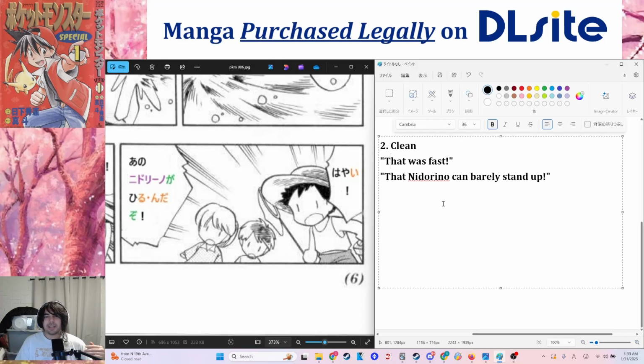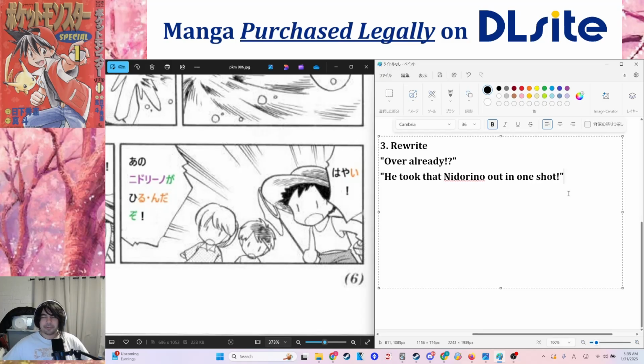So when you say hiru and then you add nda and zo to emphasize just how completely and utterly outmatched this Nidorino is, I think showing the effects of the battle like this, sort of literarily, gets across that exact same point. But I like this image a lot more, where they're like, "Oh my gosh, he can barely stand up," to show just how effective the water gun attack was.